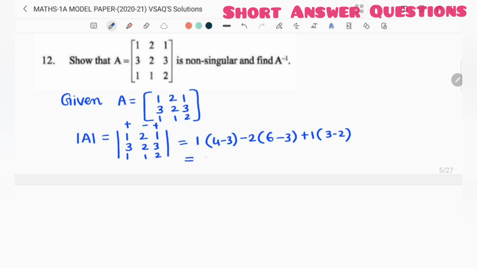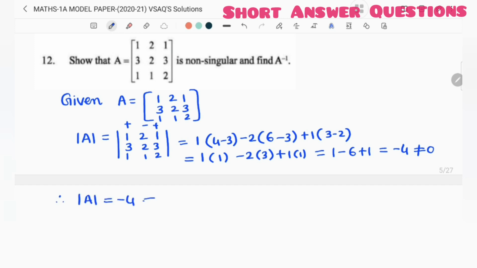If you simplify, 1 into 1 minus 2 into 3 plus 1 into 1, 1 minus 6 plus 1, which is equal to 2 minus 6, which is minus 4, not equal to 0. Therefore, the determinant of A is equal to minus 4, which is not equal to 0. That implies A inverse exists.